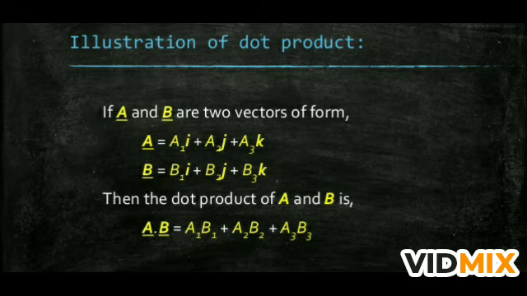Since i is parallel to i, the angle between them is 0, so cos 0 is equal to 1. So a dot b is equal to a1 b1, similarly a2 b2, and similarly a3 b3. So the dot product of vector a and vector b is a1 b1 plus a2 b2 plus a3 b3.